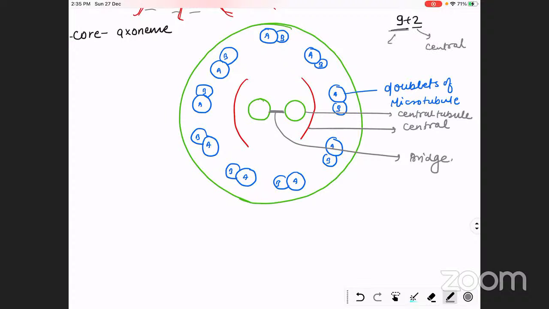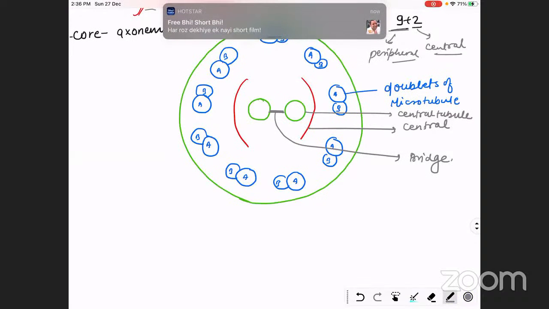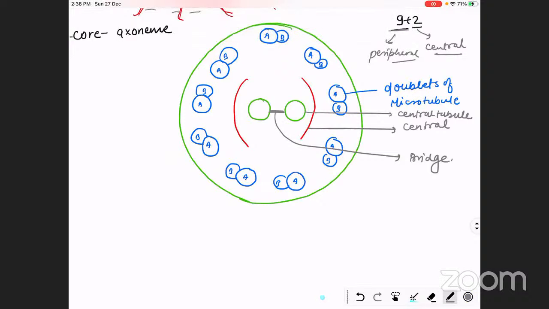And microtubules are made up of the tubulin protein, I told you. These are the peripheral microtubules and the central microtubules. The peripheral microtubules are linked by the AB linkers, like this: AB, AB, AB.